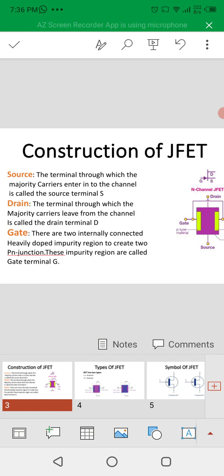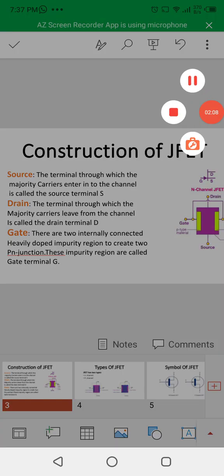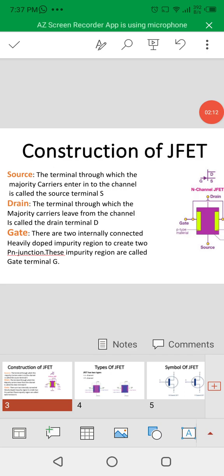And in JFET, the flow of current is due to the majority charge carriers.